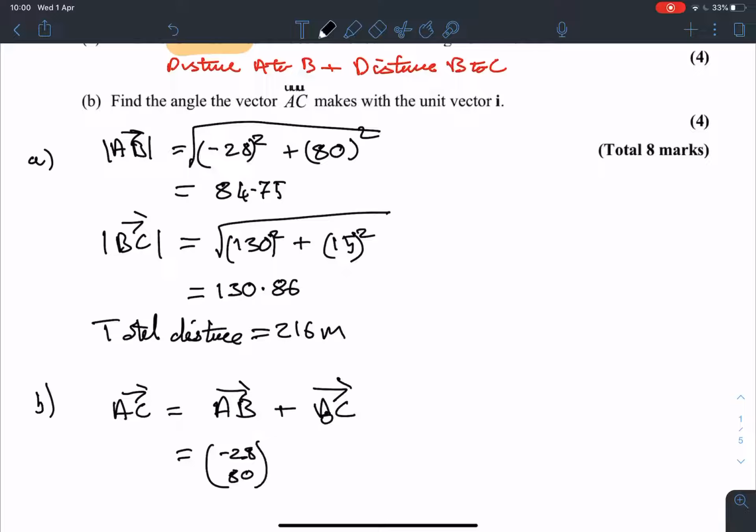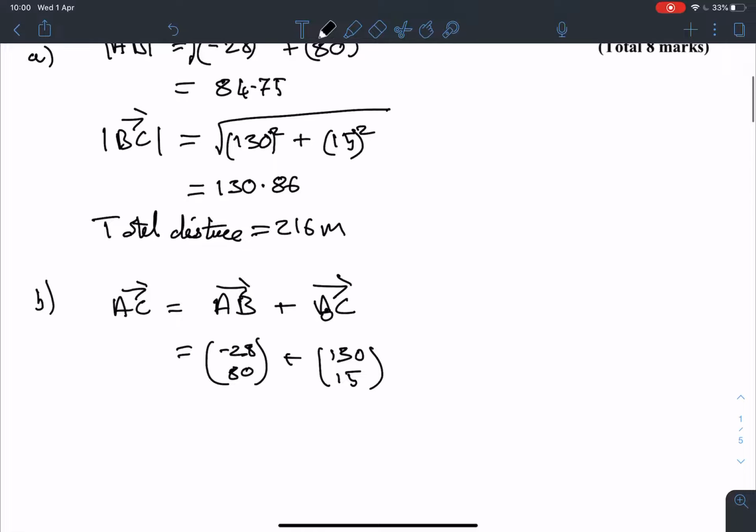I much prefer to work with the column vectors than with the i's and j's. Then (130, 15), particularly writing on the iPad, my writing seems to be even worse than usual. So we get minus 28 plus 130 is 102, and 80 plus 15 is 95.